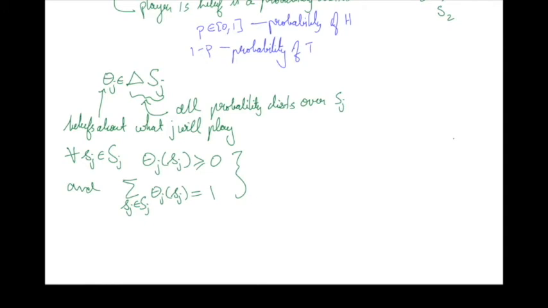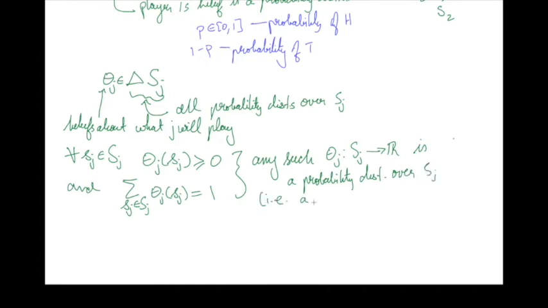So any such function is a probability distribution over Sj. Any such theta j, which maps Sj to real numbers, is a probability distribution over Sj, i.e. a belief over what J will do.